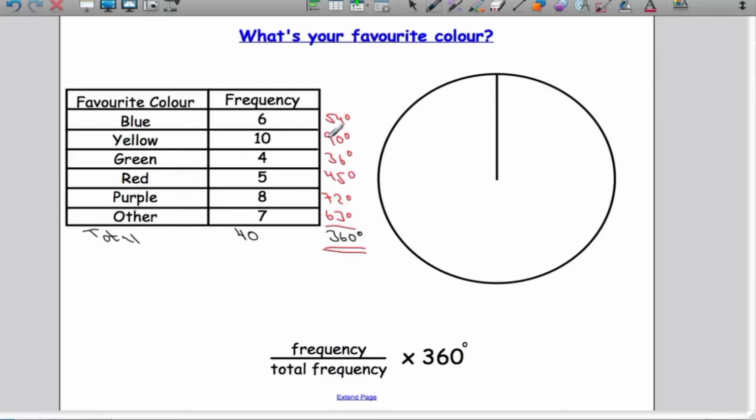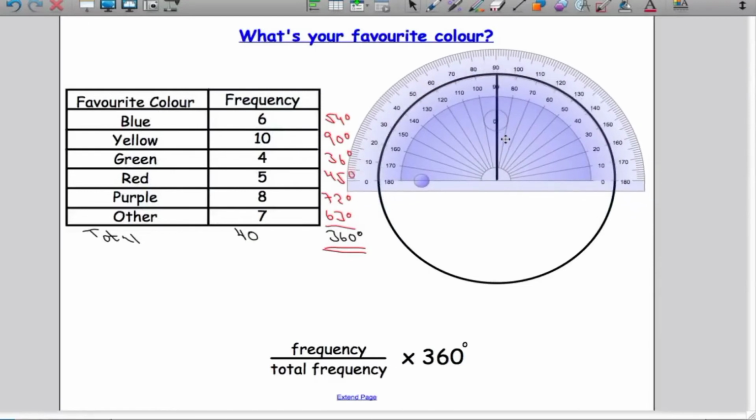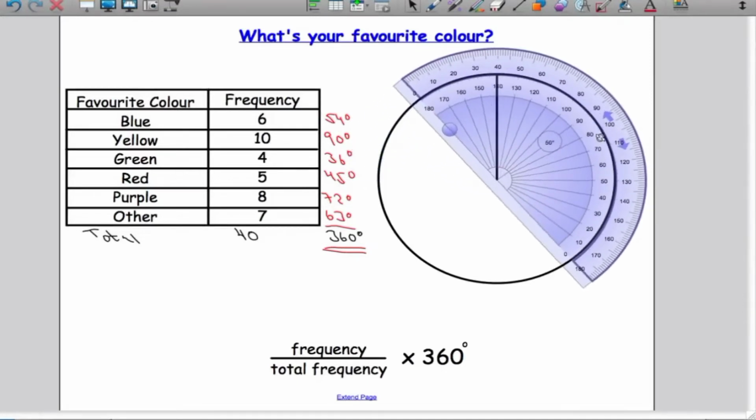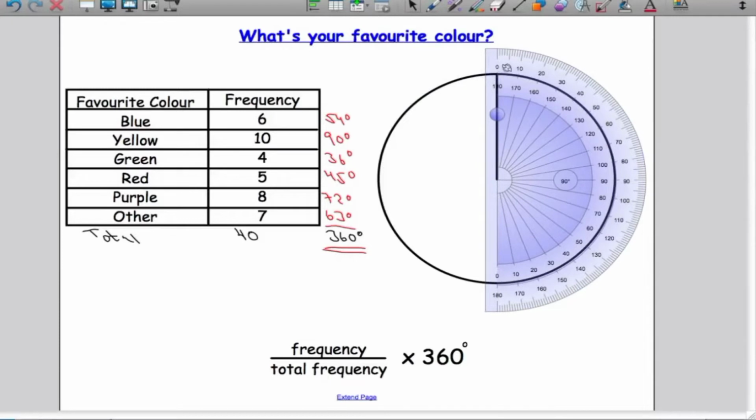Now for the steps that are involved in the construction of a pie chart. Step 1, we've added the values of the items together. Step 2, we have also found the degrees. Then the next step is to draw a circle, which we have done. Then with the help of our compass, we are going to mark out the degree of each component.